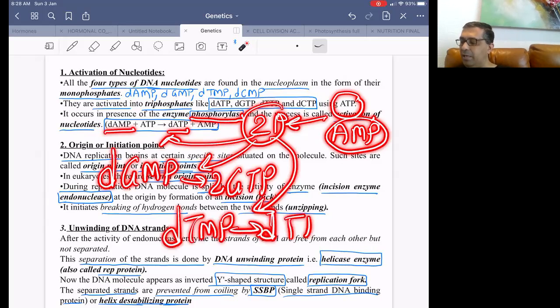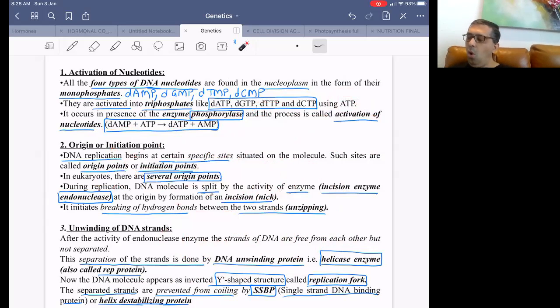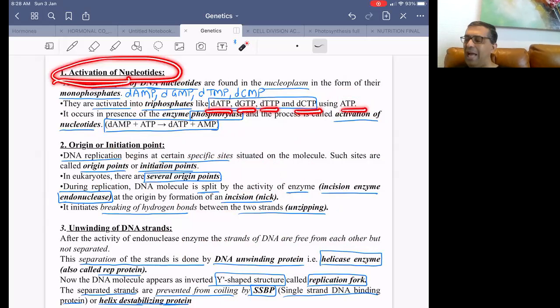Deoxythymidine triphosphate. What will deoxycytidine monophosphate form with two phosphates? Deoxycytidine triphosphate. So all the monophosphates have been converted into triphosphates, and that is called activation of nucleotides.